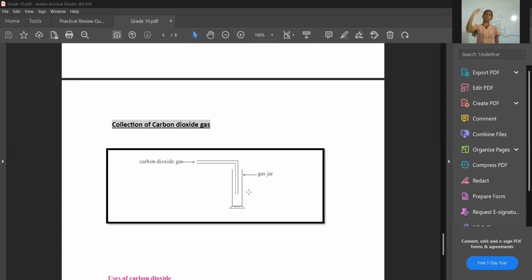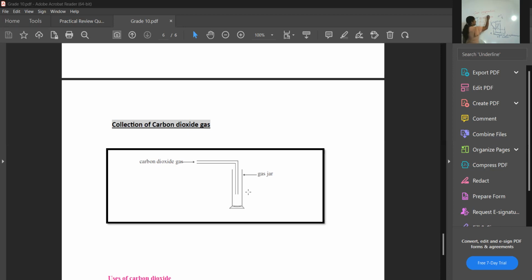So, as a summary for the three gases, hydrogen, carbon dioxide and oxygen, the collection method we can use is downward displacement of water. That is common to all three gases.